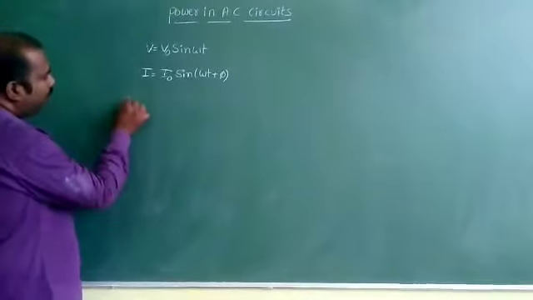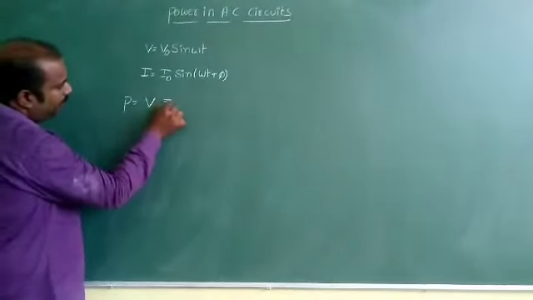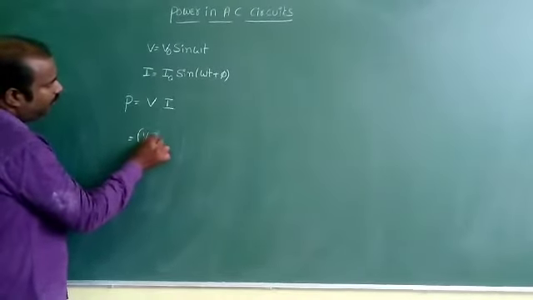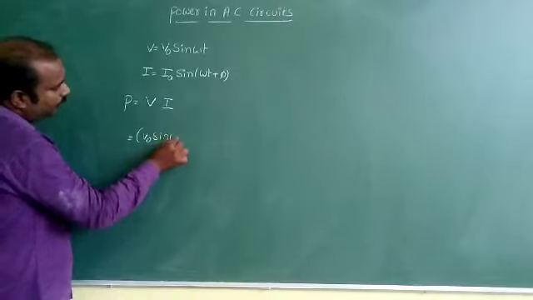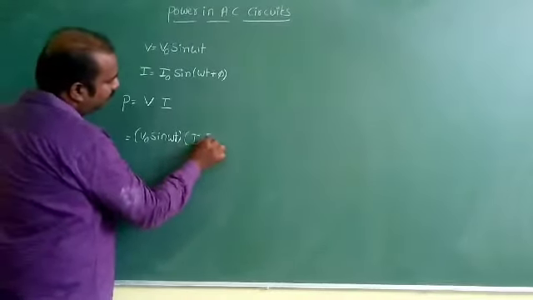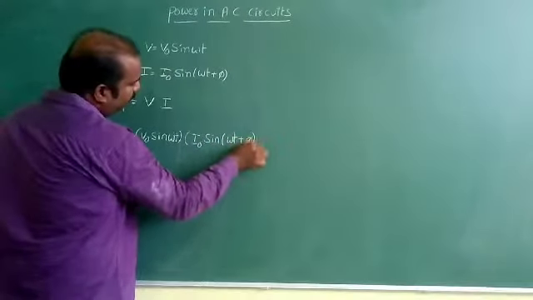Now, if you want to find the power, power is equal to V into I. In place of V, I can use V naught sin omega t. In place of I, I can use I naught sin(omega t plus phi).